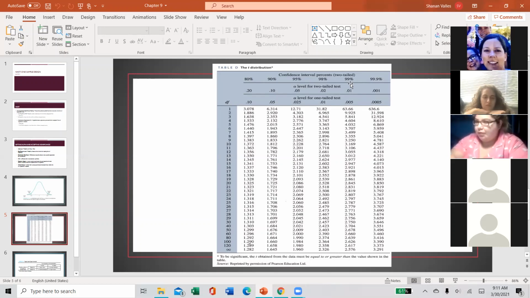Okay, so we're going to be bringing that with us when we're looking at extreme values that are way out in the tail. We know that it's not a high probability that you're going to get something out in those tails, or that a person would be out in those tails. Okay, so this is what we're going to be bringing with us.